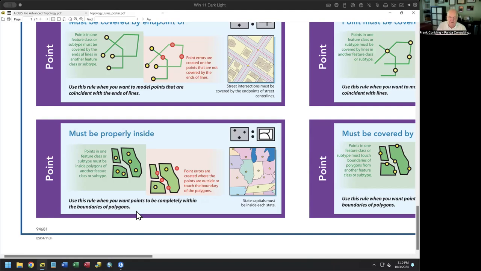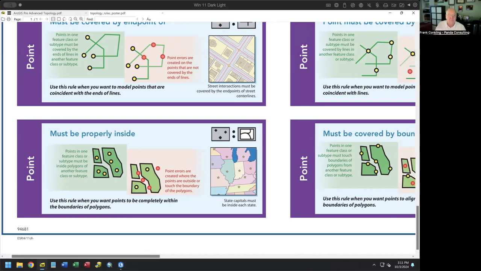So if you're doing an analysis and you've got a series of points and you want to find which points lie outside of a polygon, this rule will actually go and take all of those points and mark them as errors, and then you can determine, do I have to move them inside of a polygon, or are they in fact exceptions to the rule, or is this rule not really what I should be doing with my data here?